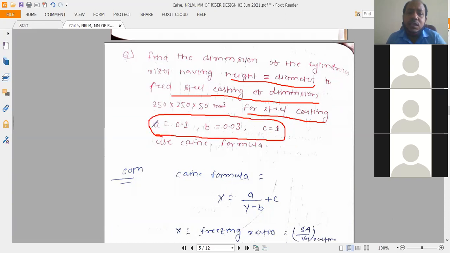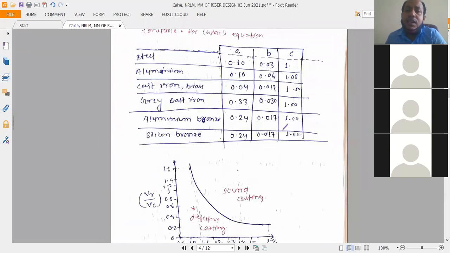So if a, b, c are given, it means we use Kynes, because other parameters are not given. The volume percentage shrinkage etc. is not given. So we have to determine it by the Kynes formula, and it is the casting of steel. So the a, b, c for steel is given in the table.